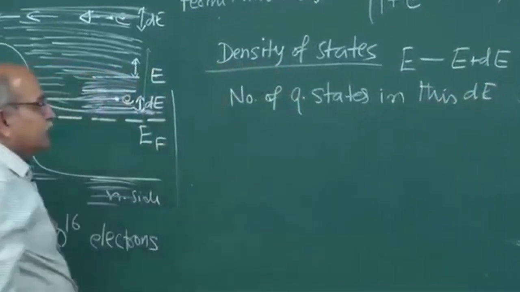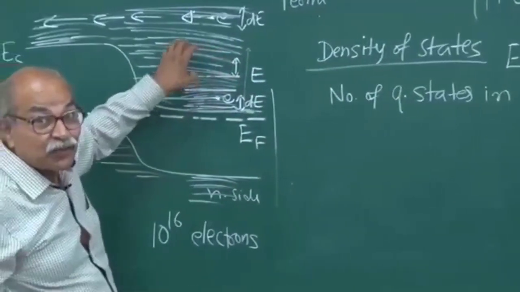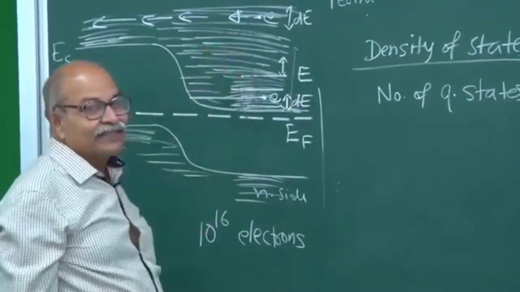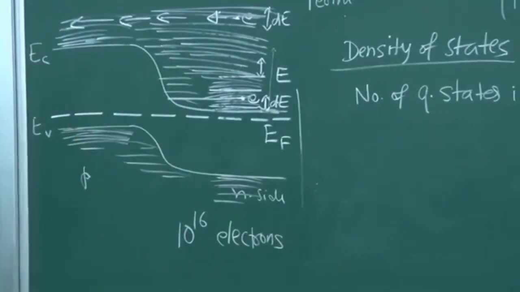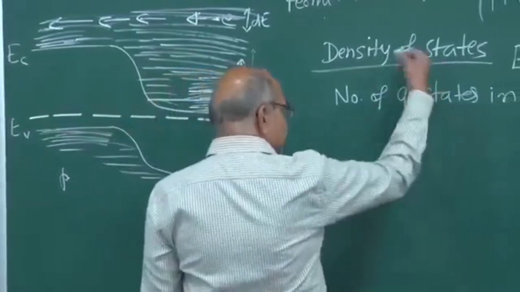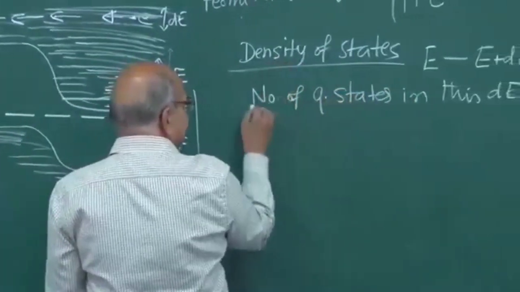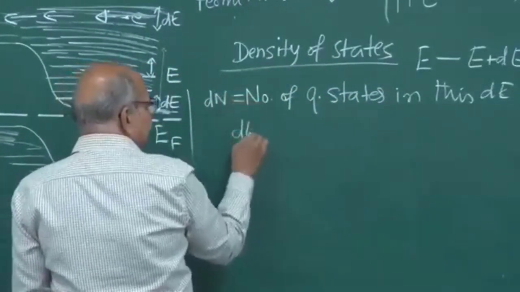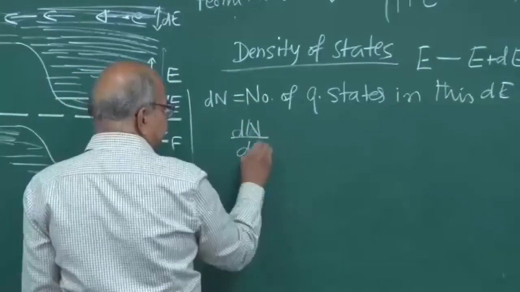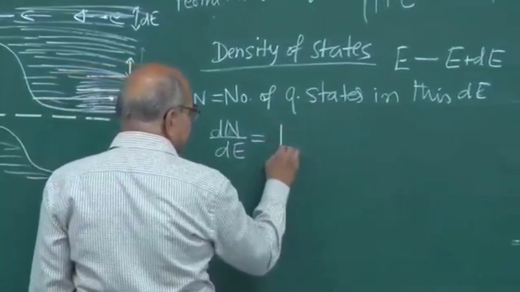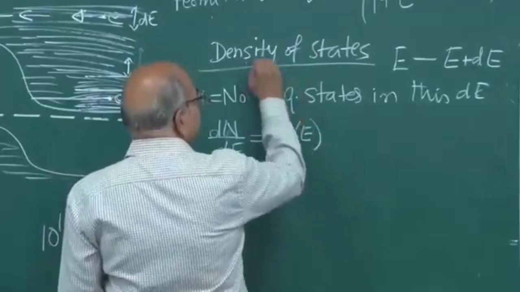Not electrons, quantum states, occupied or not occupied. How many quantum states are there in this energy range? It turns out that if you make a calculation, this number is proportional to dE, and dividing by dE gives the density of states. So if this number is dN, then this dN over dE is known as the density of states. You can write it as capital D(E). This is called density of states.